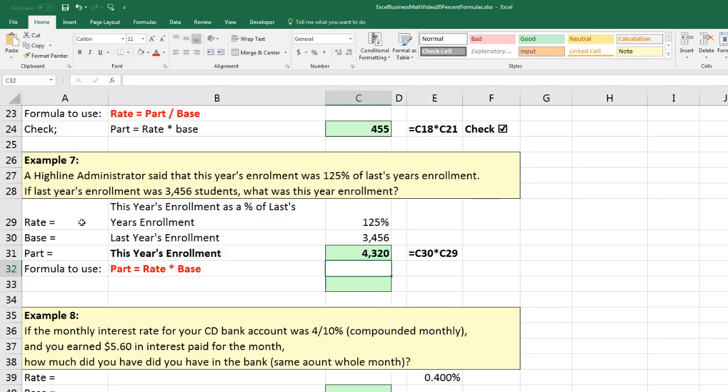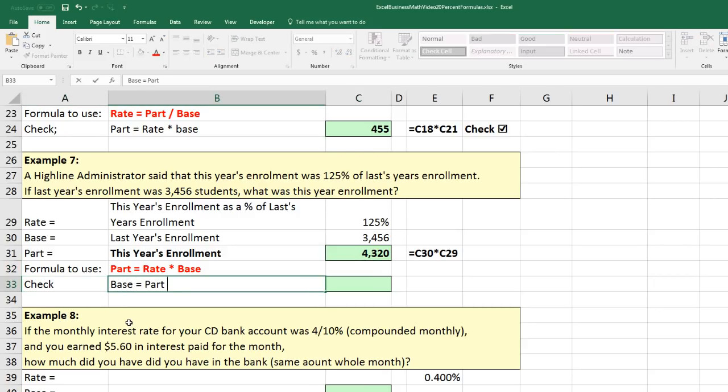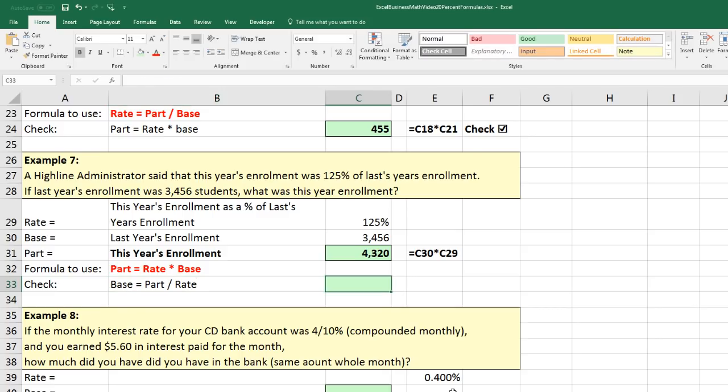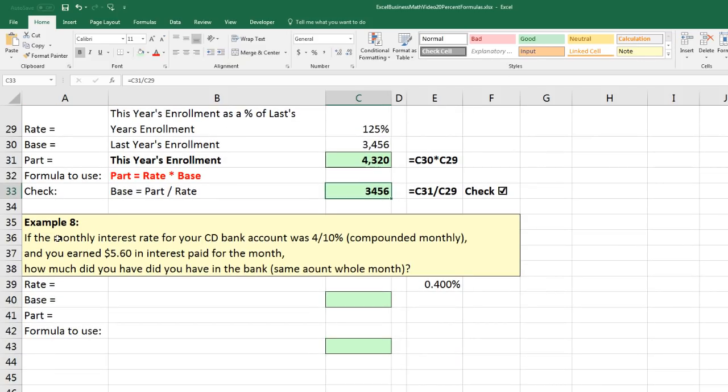We have a part, so we can pick one of these other ones to check. I'm going to choose to check. How about base? Part divided by rate equals, there's the part divided by the rate. And when I hit enter, I better get exactly the base. Check.